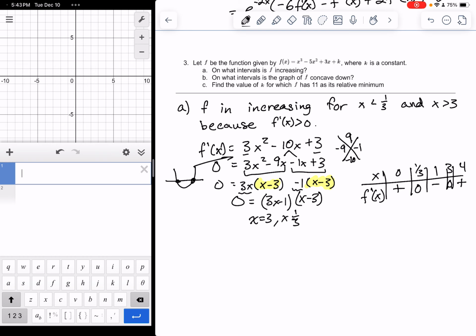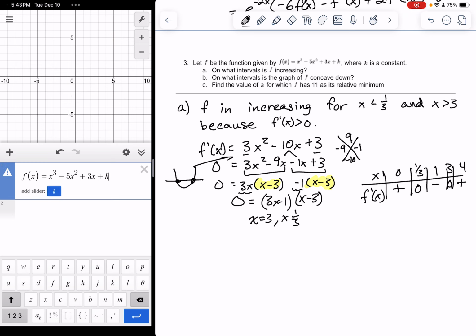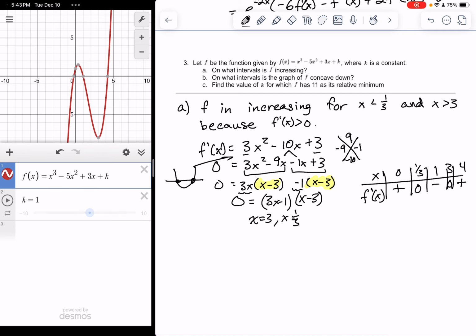I just need to start with f of x equals x cubed minus 5x squared plus 3x plus, and now we have our constant k, which we don't know what it is. I'm going to go ahead and just put a number in there for now. We'll come back to it later.